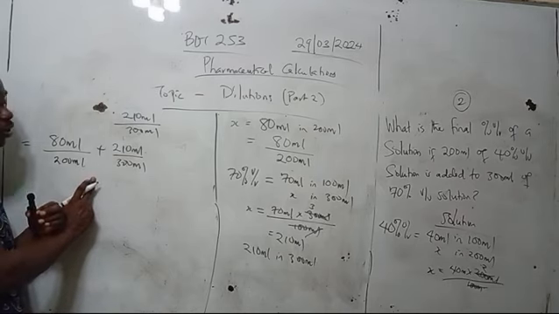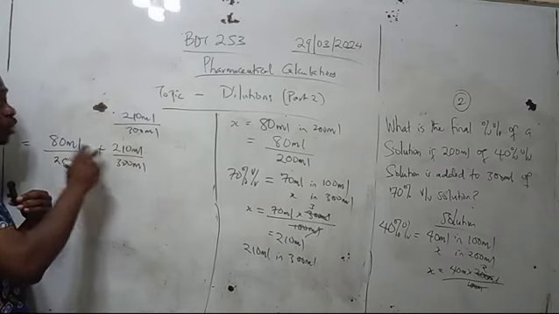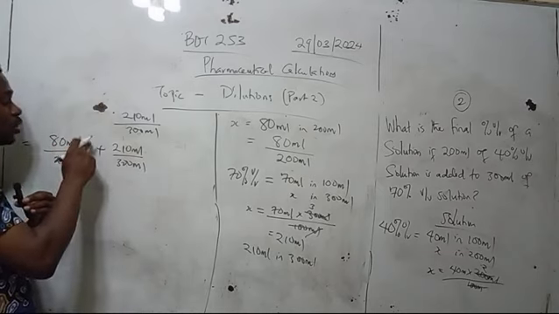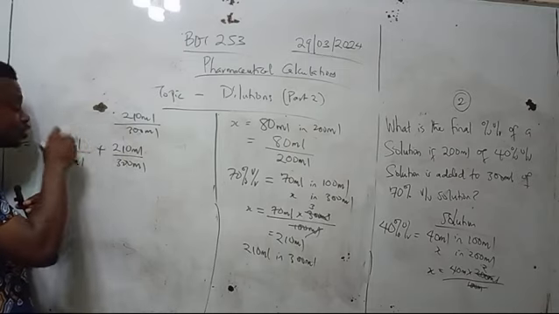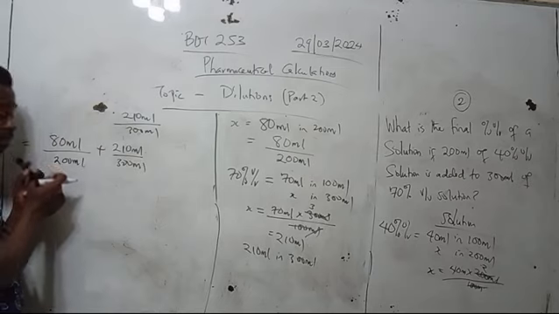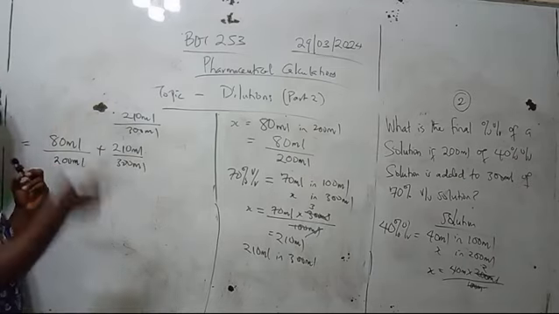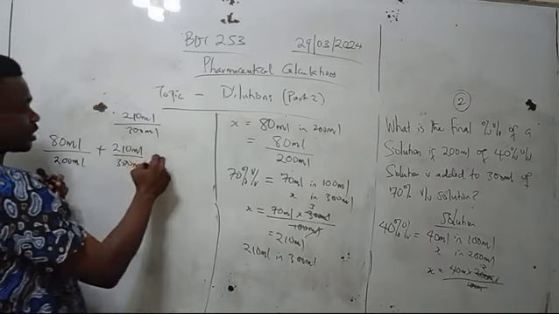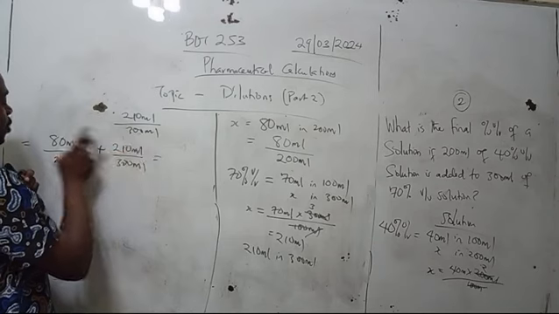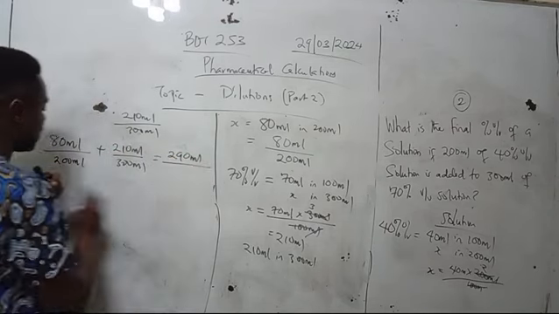So if you break it down, you have 290 ml of the active ingredient in 500 ml solution. We move it to the percentage concentration because we are given percentage concentration. So if we move to percentage, we want to find the amount of the active ingredient in 100 ml.